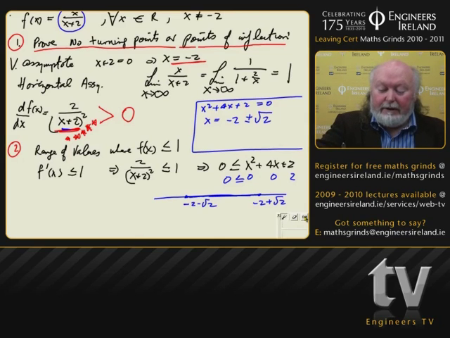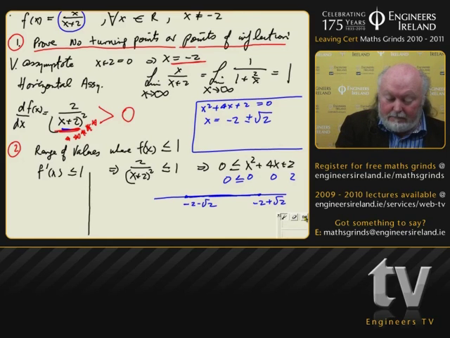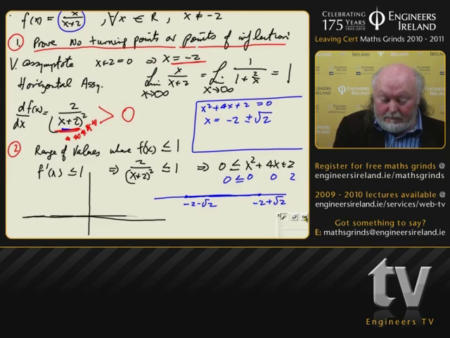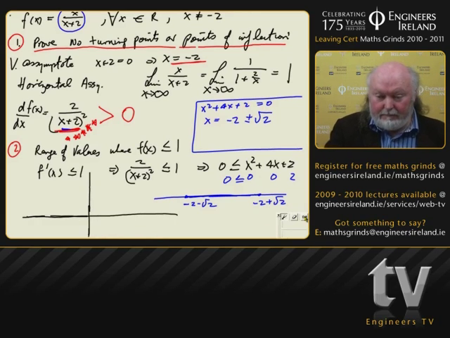We'll do a small graph down here. What have we found out? We found out asymptotes.